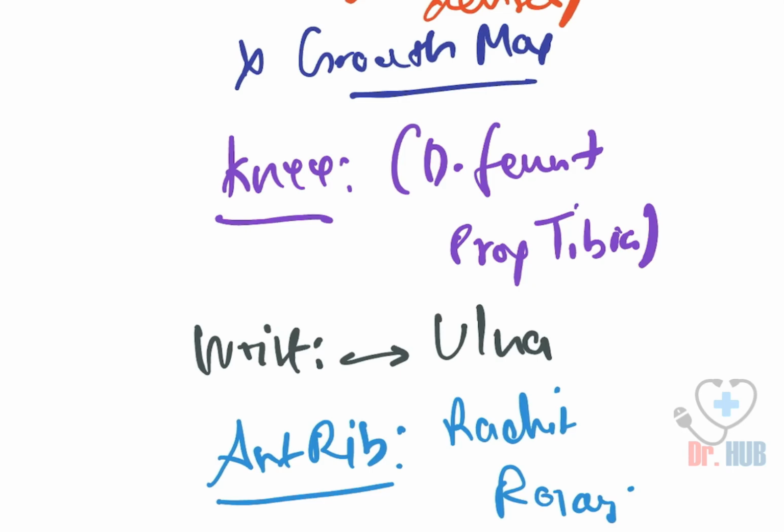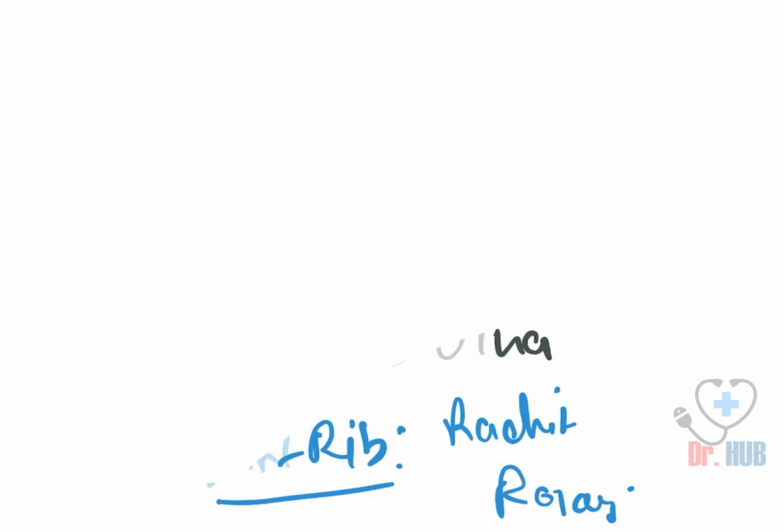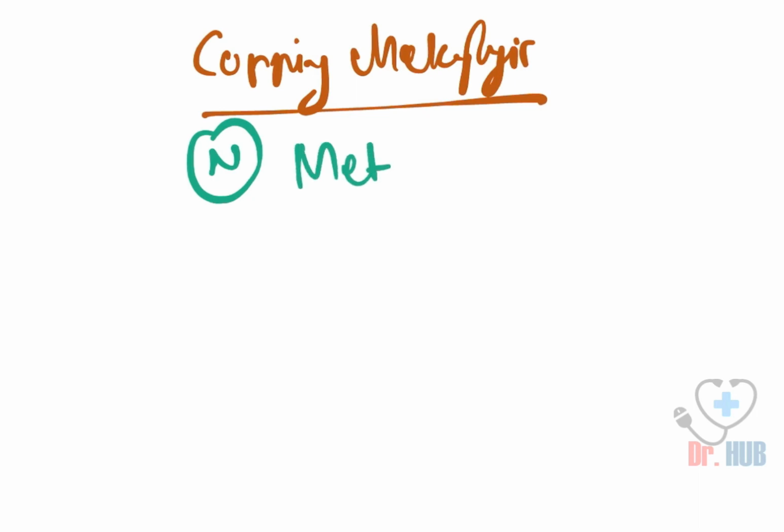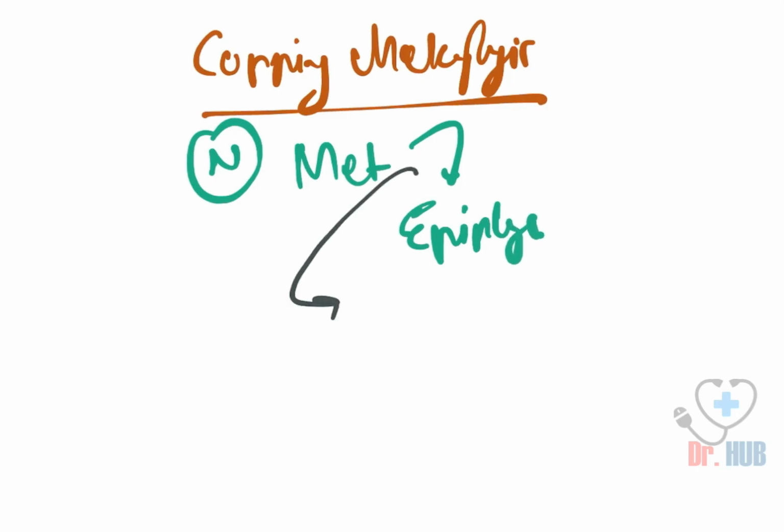So now we are going to answer the questions we asked in the initial part of the video. The first question we asked was, what is the cupping of metaphysis? Firstly, we need to know what is a normal metaphysis. Normally, the metaphysis meets the epiphysis as a smooth line of sclerosis.